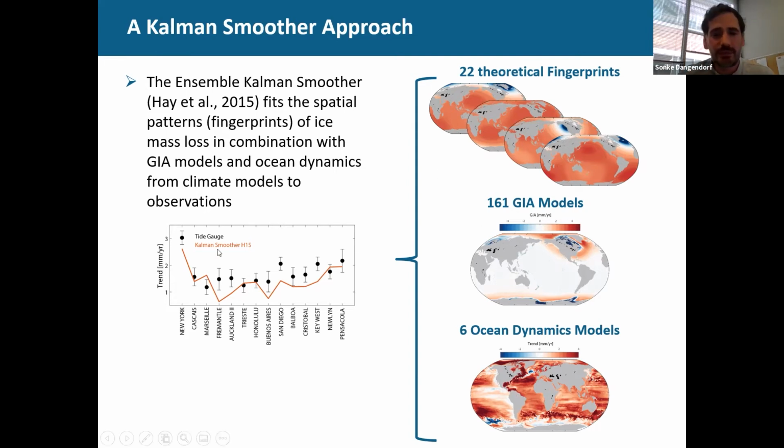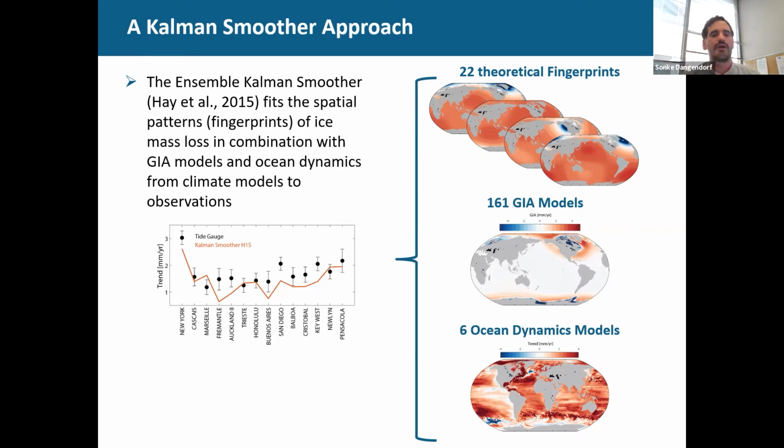And in this plot here on the left side, you can actually see what the Kalman Smoother really does. The black error bars show linear trends for 14 selected stations around the world. They are very well distributed around the world and very often used. And you see that the linear trends over the 20th century vary significantly from station to station.